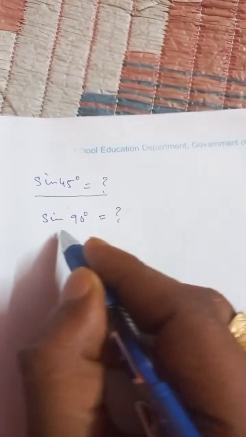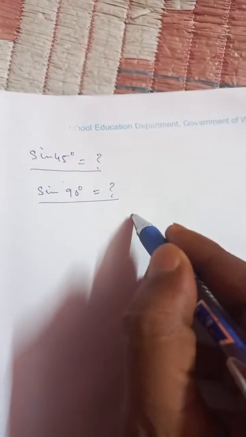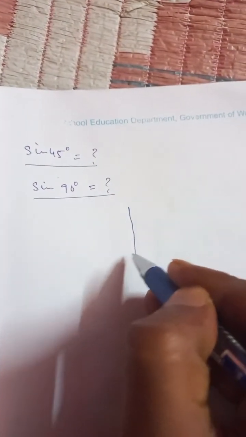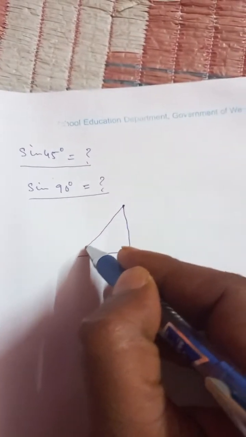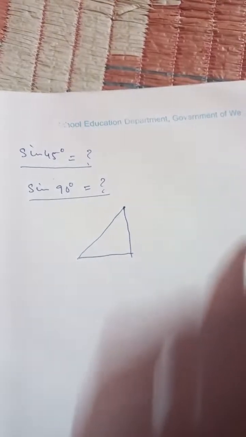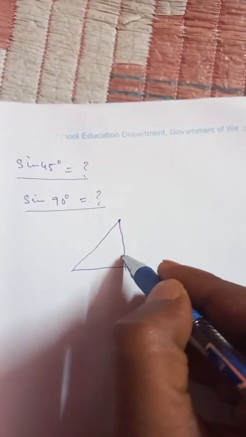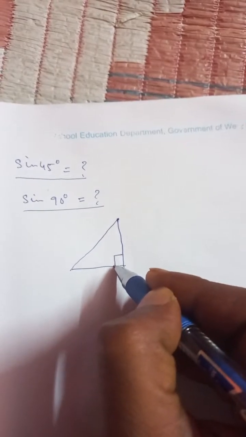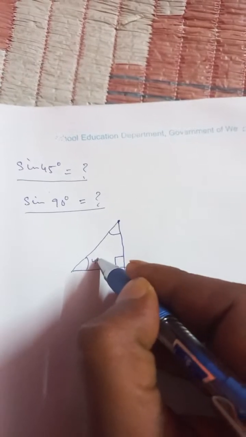So let's start with a right triangle. This angle is 90 degrees and these are 45 degrees.